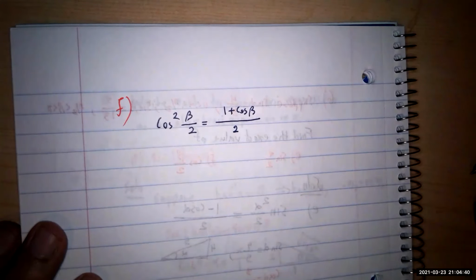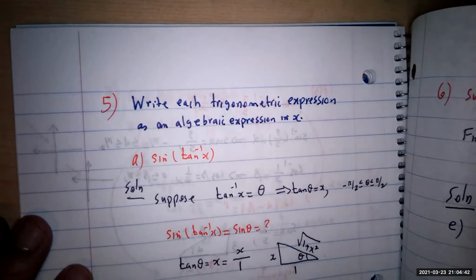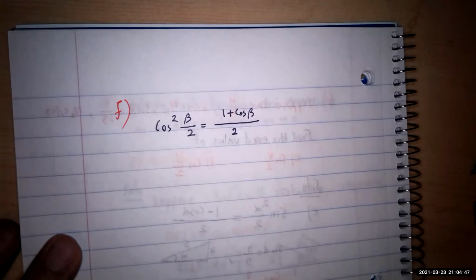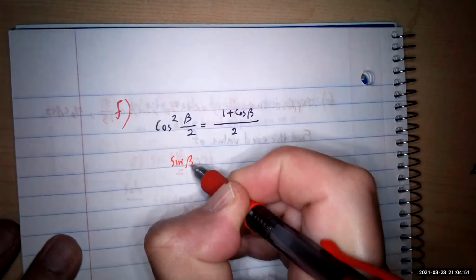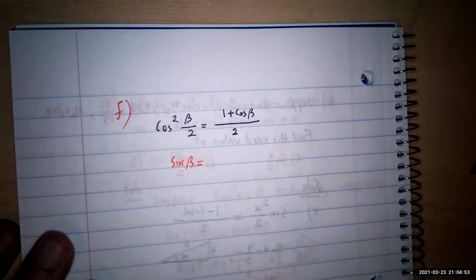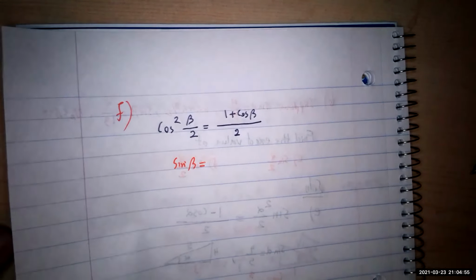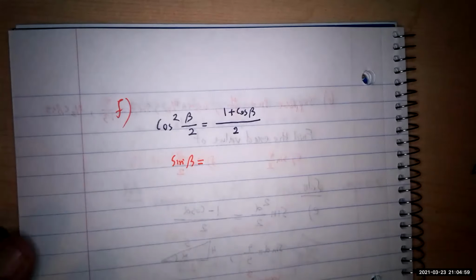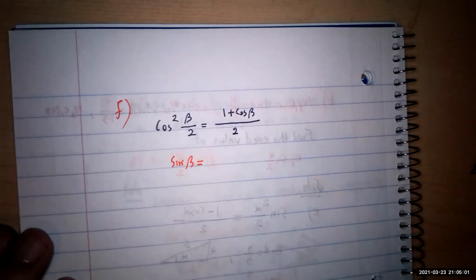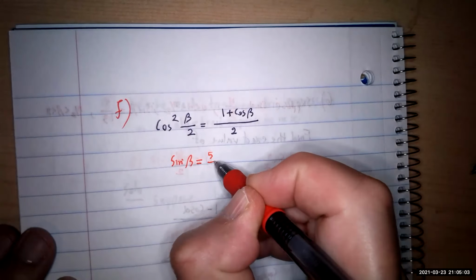You have to find the cosine of the beta, but you'll be given the sine of the beta. Okay, so we have the sine of the beta, which is 5 over 13, and the beta is in the second quadrant.